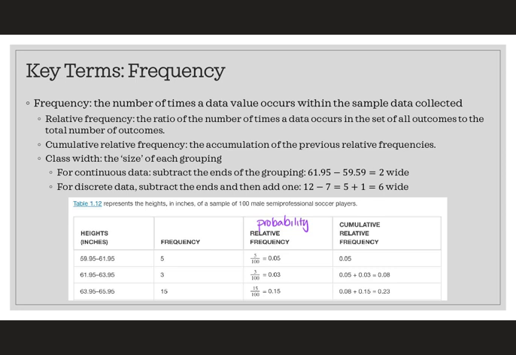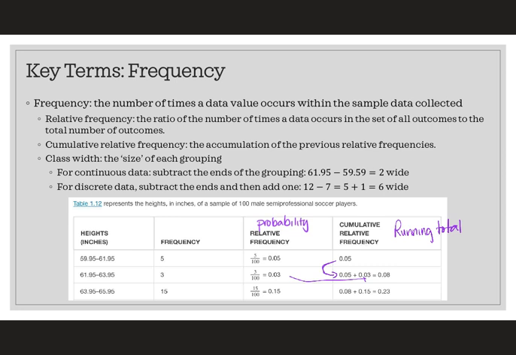And then we have a cumulative relative frequency, and this one's a little bit confusing because we're just going to start adding all of our relative frequencies together and keeping a running total. So as I go, the second row here was 0.03 as its relative frequency. So we're going to take the row above it, this 0.05, add the 0.03, and we get 0.08.